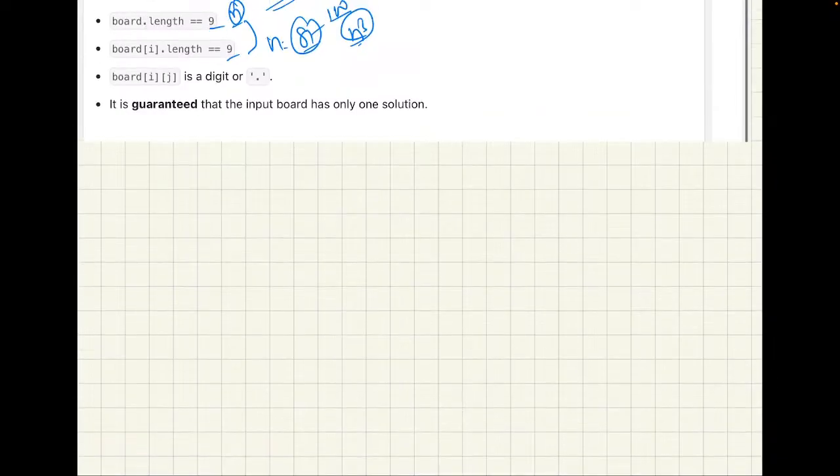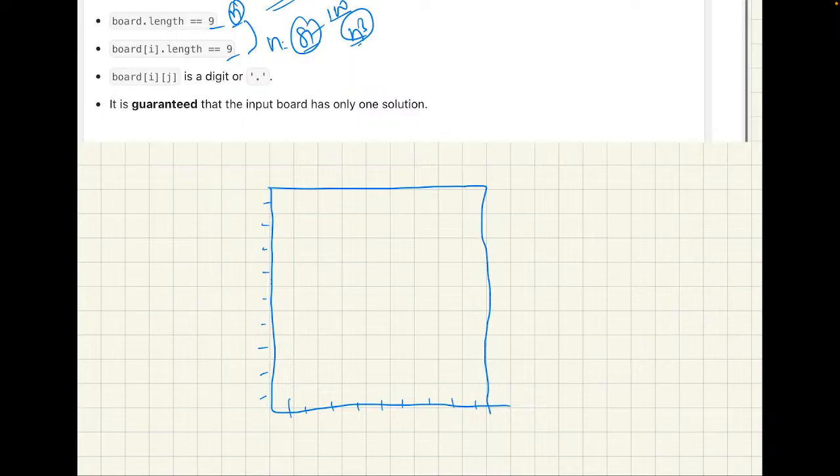So I think I have to take this example here. Let's choose a grid here. It's really crazy that we have exactly a grid here. Okay, so 1 2 3 4 5 6 7 8 9. Cool.